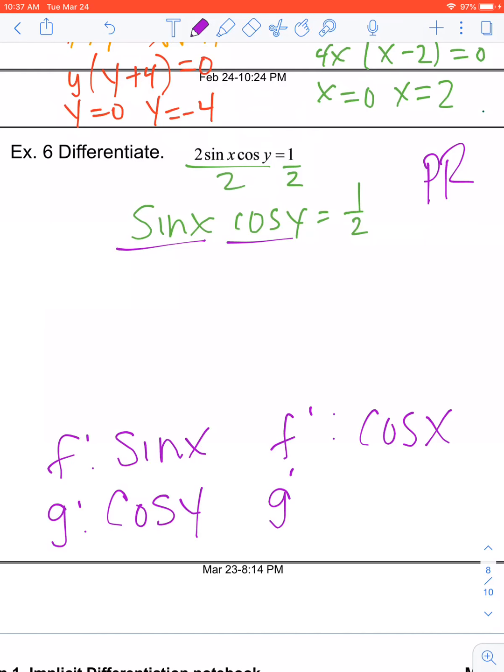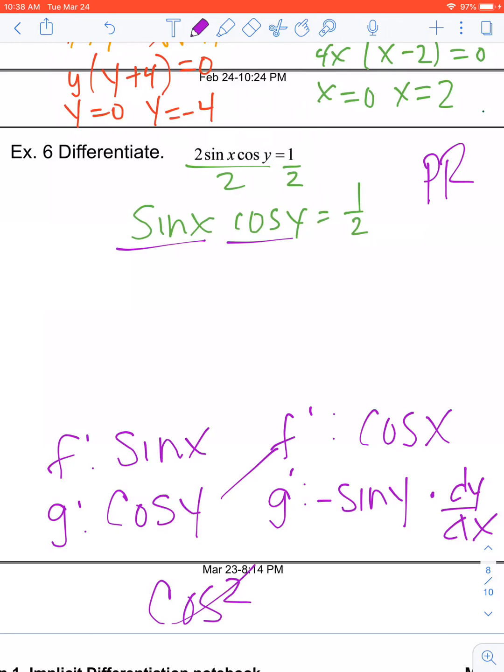The derivative of cosine is the opposite of sine, but then I have to multiply by dy dx via chain rule. So f prime g. There is no way to write this as some type of cosine squared term. Your inputs are different, so I just have to write it as cosine x, cosine y.